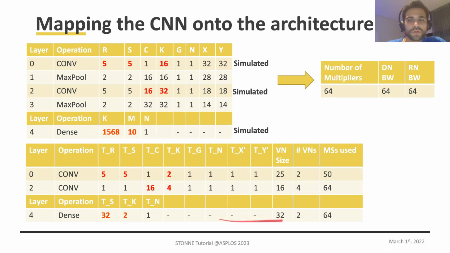So this is how the whole picture looks. We have our DNN with these 5 layers. 3 out of these 5 will be simulated with these tiling parameters. And we are going to run this scenario on our 64 multiplier fully bandwidth accelerator.